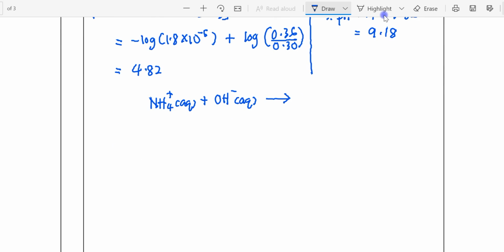Since this reacts as a conjugate acid, the acid will donate a proton to the base. So it becomes NH3, neutral without any charge. And one more product is H2O, liquid. Next, draw the ICE table.